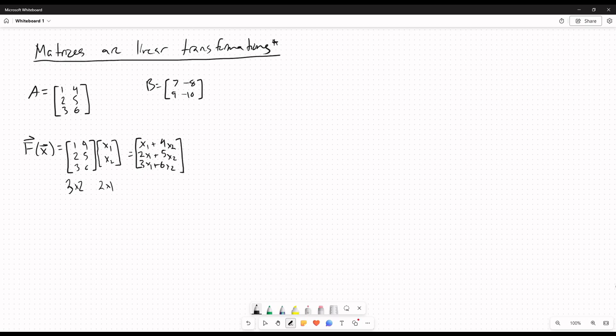What that essentially says is that the vector valued function f takes x1, x2, and returns the multi-valued function x1 plus 4x2, 2x1 plus 5x2, and 3x1 plus 6x2.